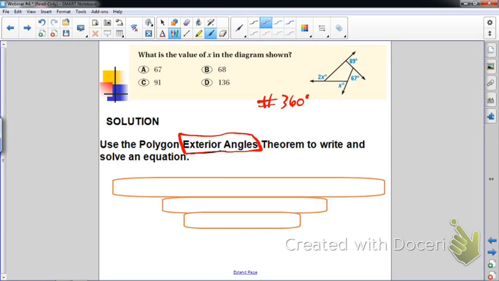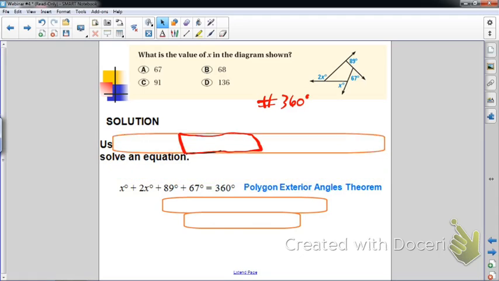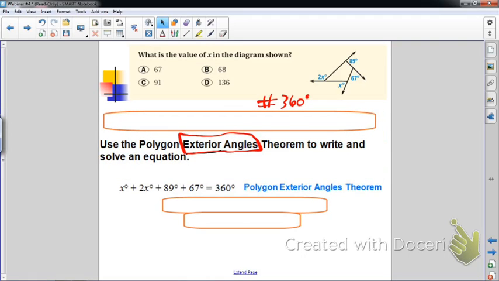What we are going to do is take the exterior angles that we know, and set them equal to 360 degrees.